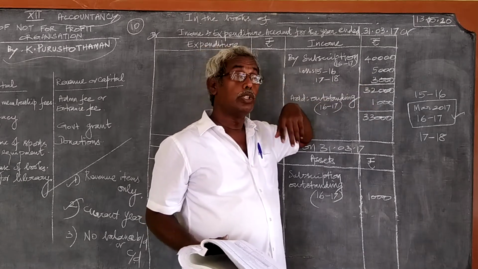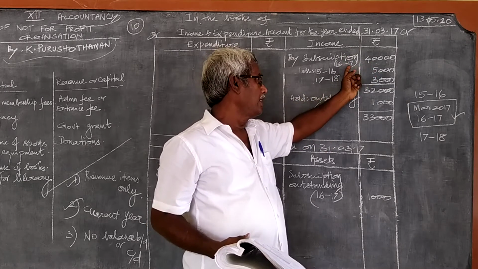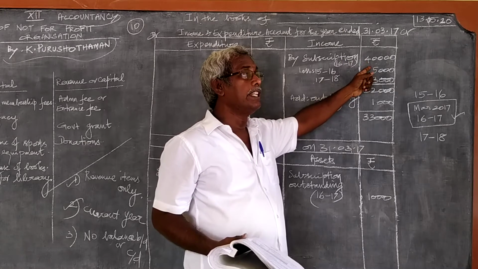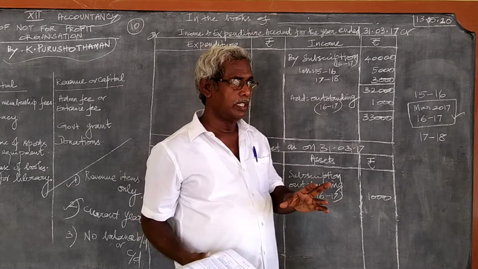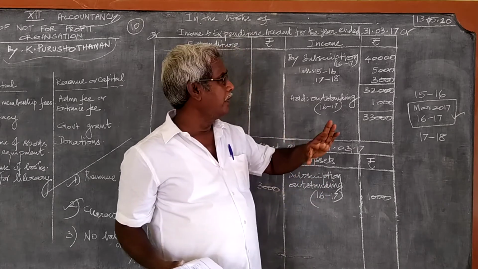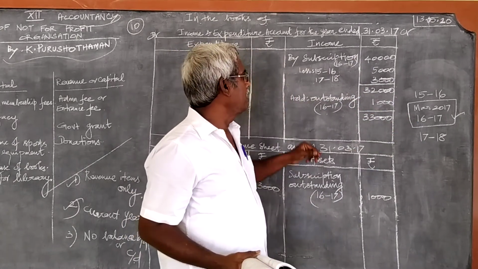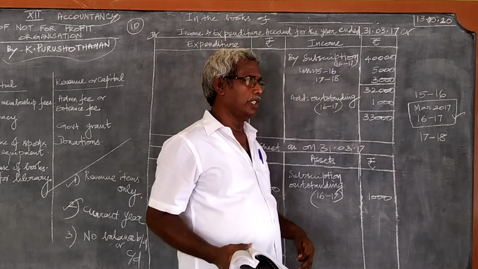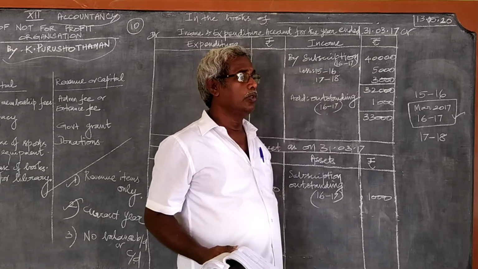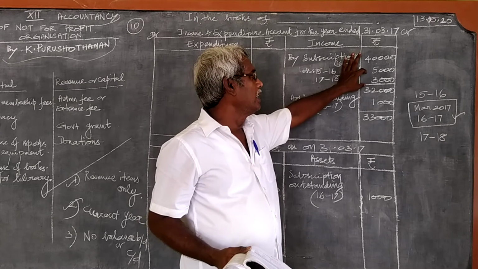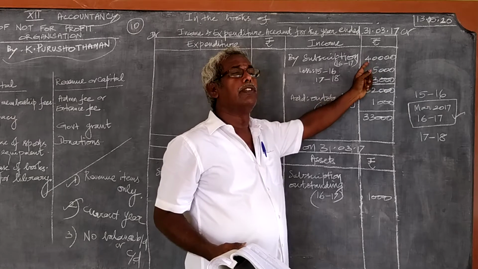So altogether 8,000 is not for this year 16-17 from the subscription received, 40,000.